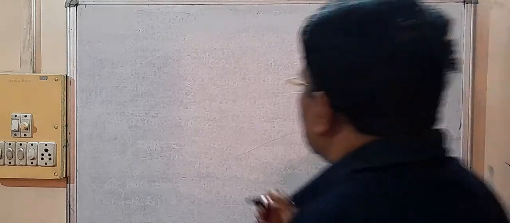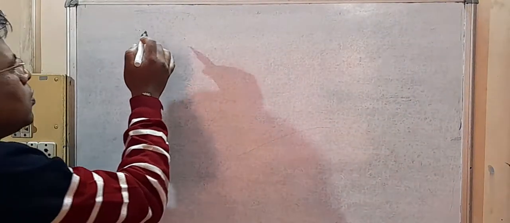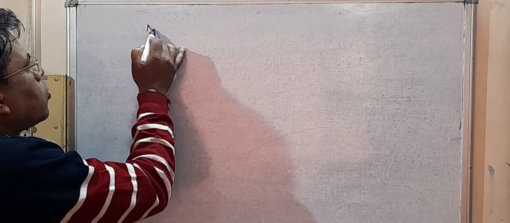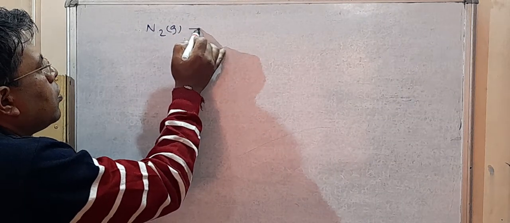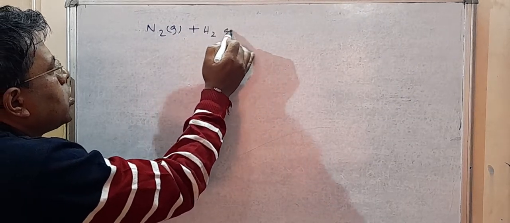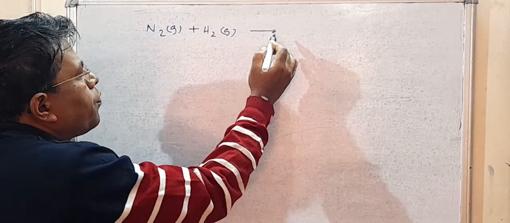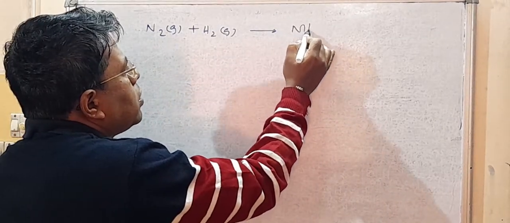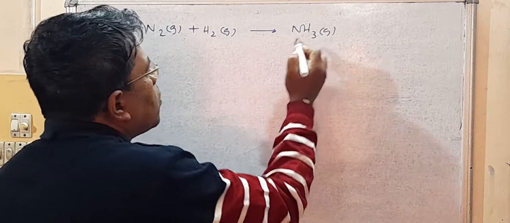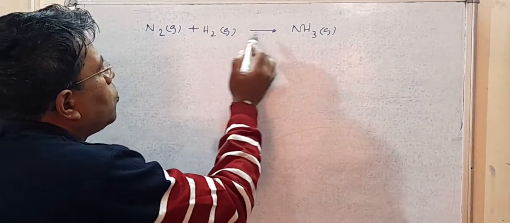Using bond enthalpy values, how can we calculate the enthalpy of reaction? Suppose a reaction: nitrogen gaseous plus hydrogen gaseous arrow NH3 gaseous, and we have to balance this.